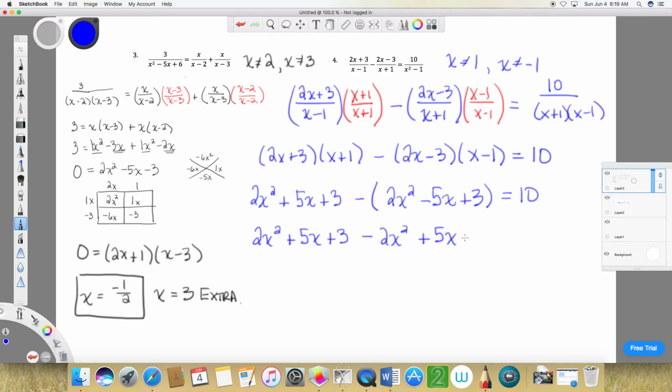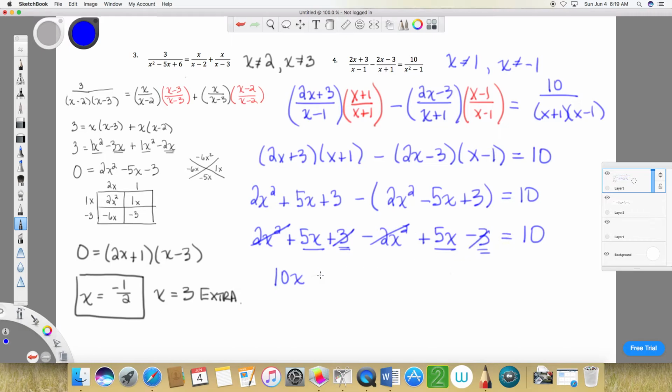When you're subtracting, it just changes the sign of every term. So I can see that 2x squared minus 2x squared actually cancels. And so now I'm not expecting two solutions like I was when I first looked at the equation. 5x and another 5x gives me 10x. And the 3 minus the 3, those cancel.